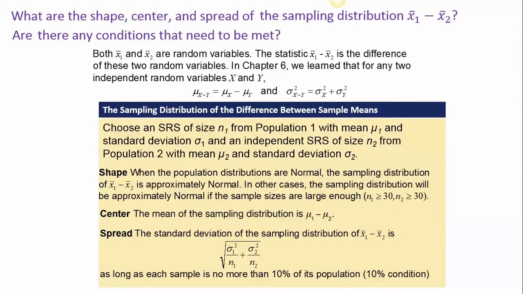The mean of the sampling distribution is just the difference of the means, and the standard deviation of the sampling distribution of the difference of two means is the square root of the variances divided by the sample sizes, added together. This works as long as there is no more than 10% of the population included in the sample.